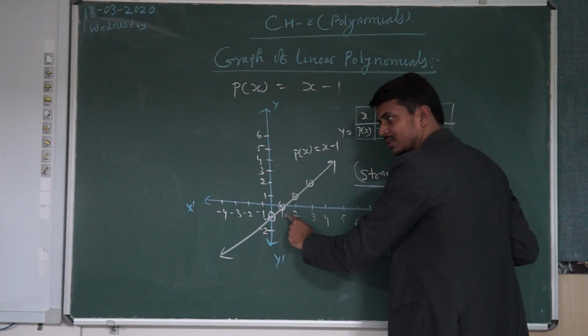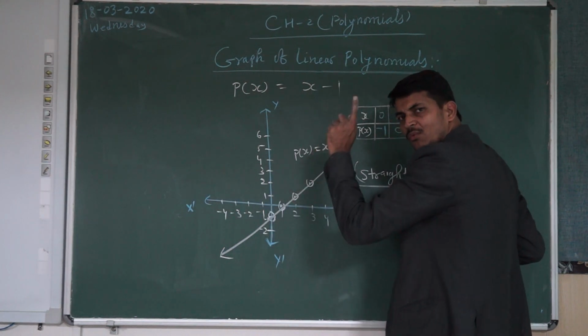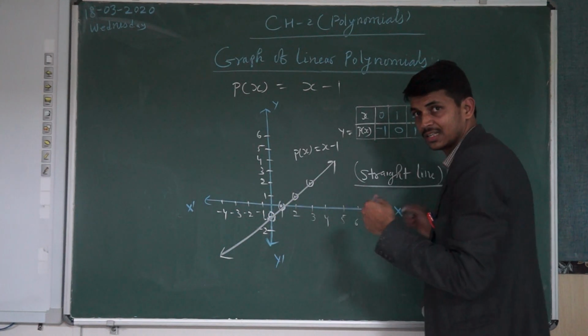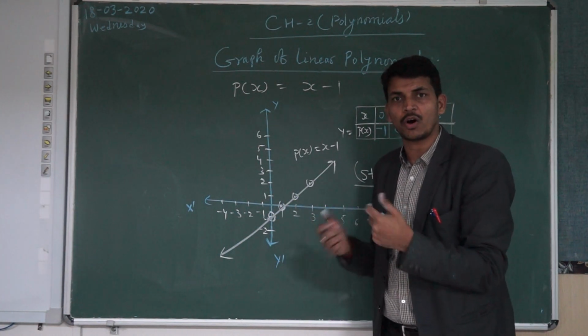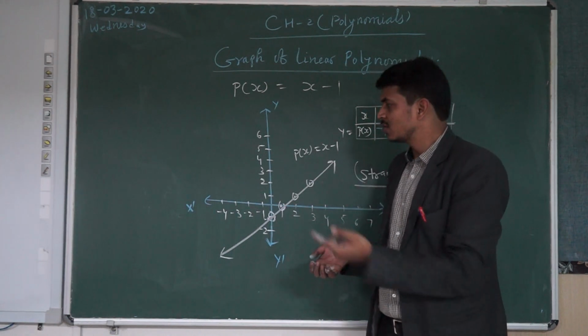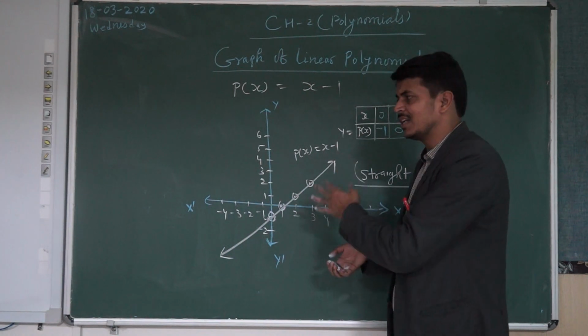As we observe, the graph is intersecting the x-axis at one point. It means that we have one zero of this polynomial. The word might be new for you, zero of the polynomial. You studied it in 9th standard. So let us discuss zero of a polynomial, especially the linear polynomial.